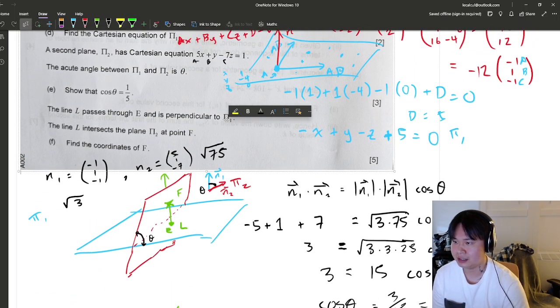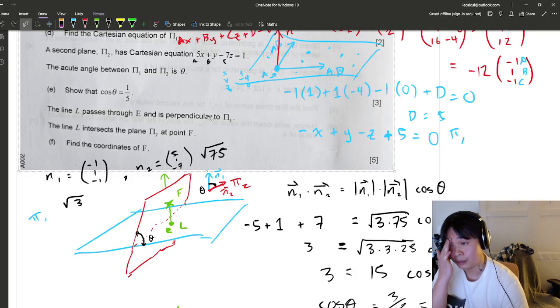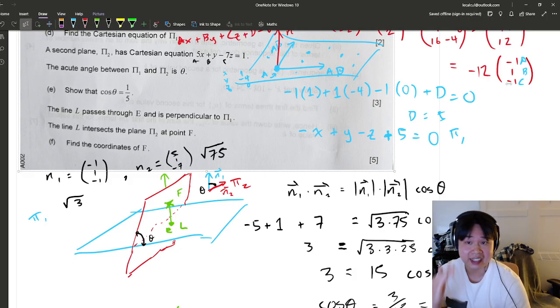It is perpendicular to plane number 1, so it has the normal vector, this one, 1, negative 1, 1.